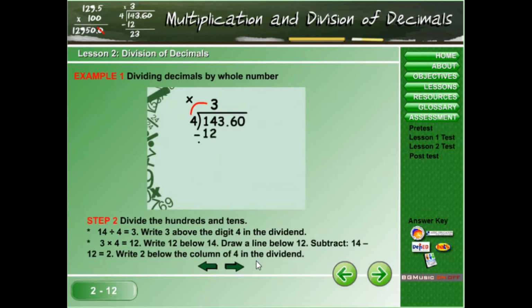Divide the hundreds and tens. 14 divided by 4 equals 3. Write 3 above the digit 4 in the dividend. 3 times 4 equals 12. Write 12 below 14. Draw a line below 12. Subtract 14 minus 12 equals 2. Write 2 below the column of 4 in the dividend.